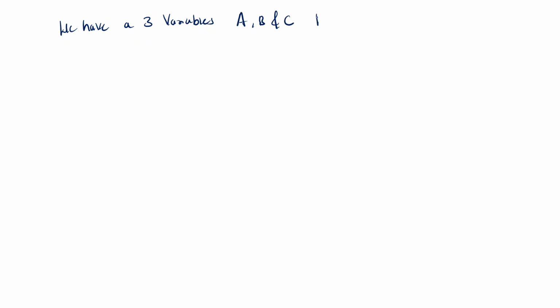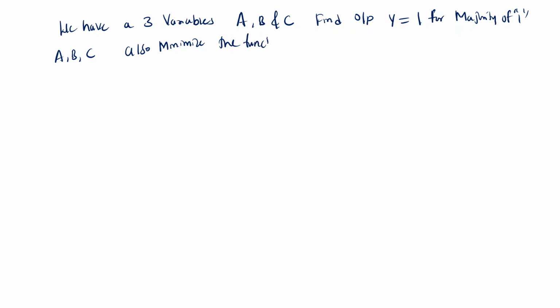Find the output y equal to 1 for majority of 1s in abc. Also minimize the function. So if the majority of ones are there, the output is 1.